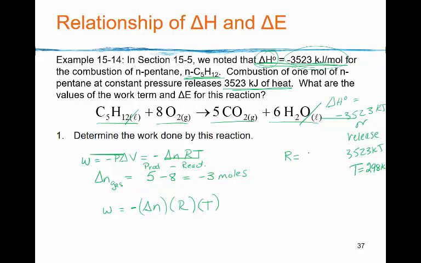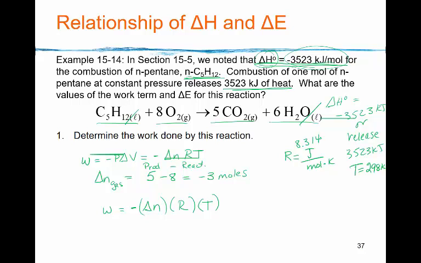Remember, we're now working in joules. Some of you might remember that 0.083 number, liter atmospheres. This one, we use the one in joules because we're talking about energy. So it's going to be in joules per mole K, and the numerical value for that is 8.314.